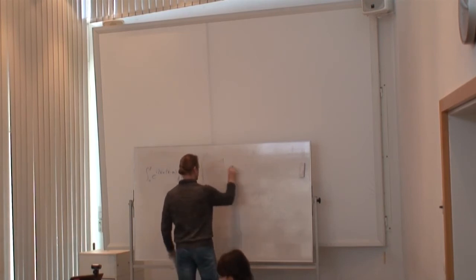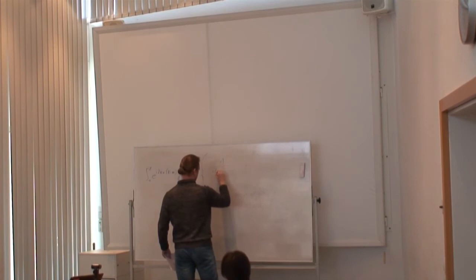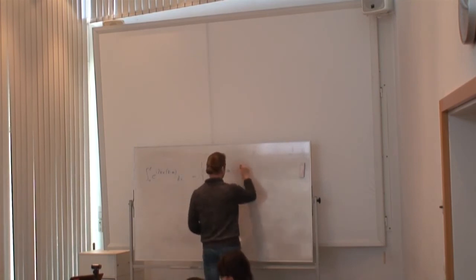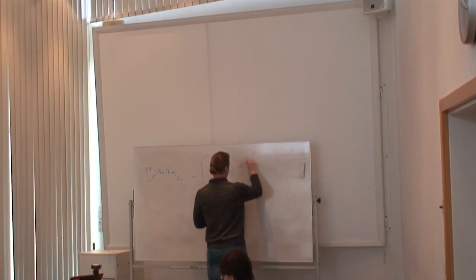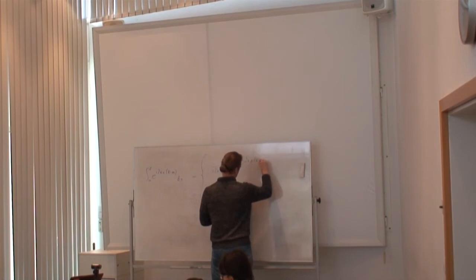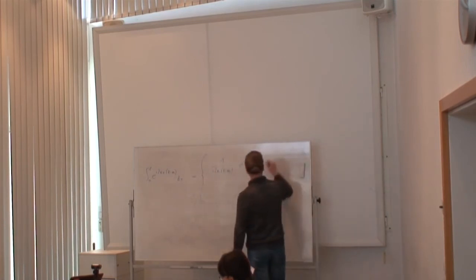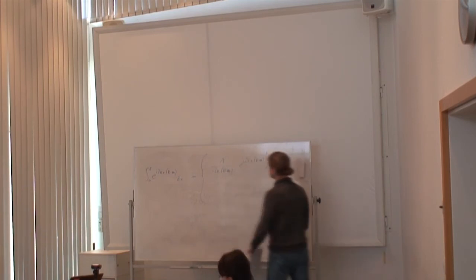This is 1 over i 2 pi (k minus m) times e to the i 2 pi x (k minus m). We now have to evaluate that at 0 and 1.